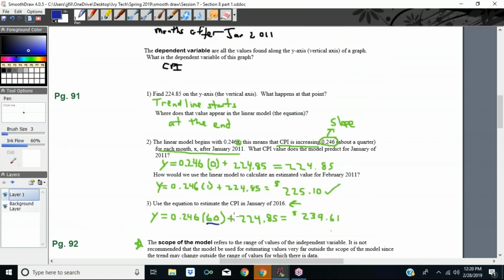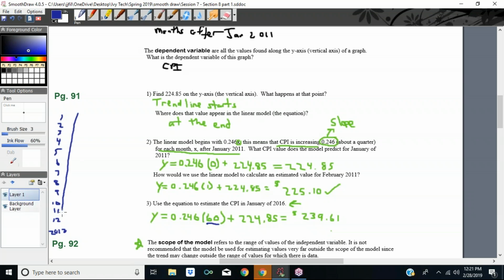We're not looking at the months between the Januaries, we're looking at the months since the first January. So if we count them, I'll just make tick marks: February, March, April, May, June, July, August, September, October, November, December, and then to January of 2012.